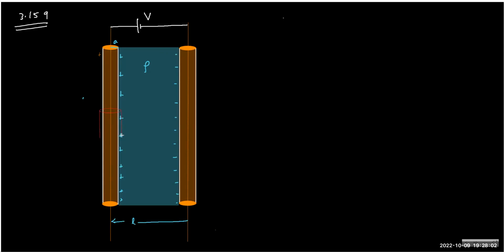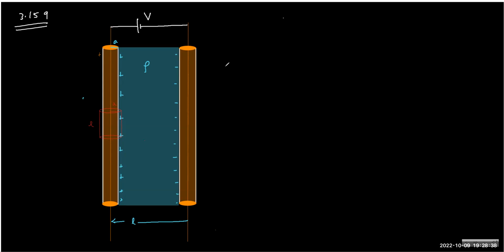Because I want to use the local form of Ohm's law. Of any length. So what is the surface area of the cylinder? Because it is very close to the surface, we can say the radius of my surface is the same as the radius of the cylinder, right? Can we say the radius of my cylinder is the same as that of the wire?